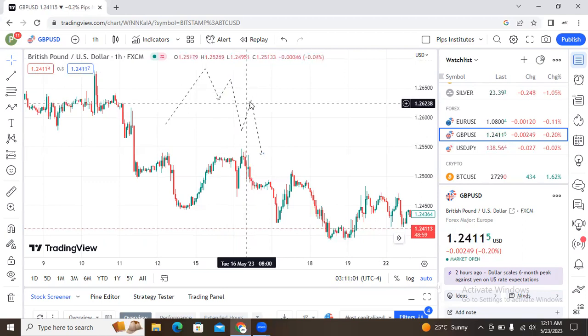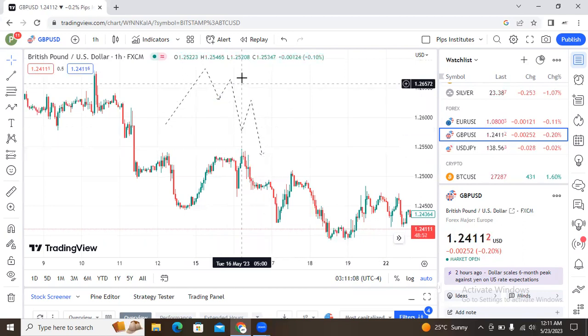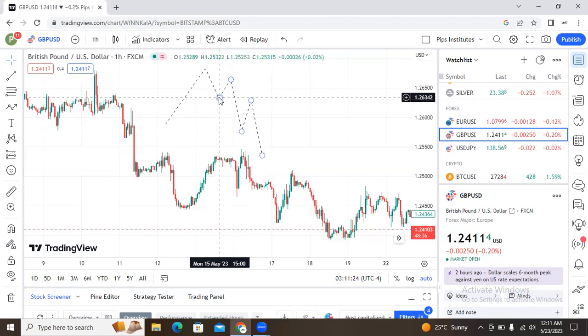Then you look at selling from here, with the market moving down, and then your stop loss, you can either place it at the high of this other block, or you can place it a little bit above the high of the mitigation block, depending on what you want.